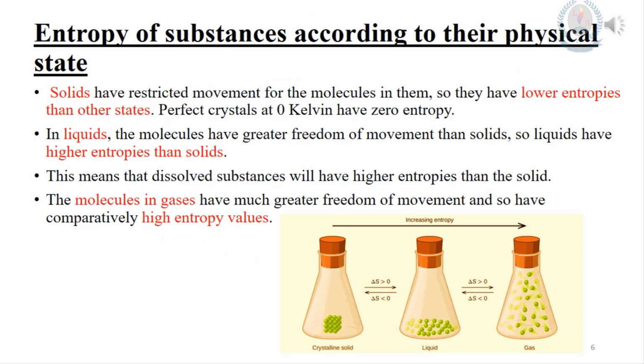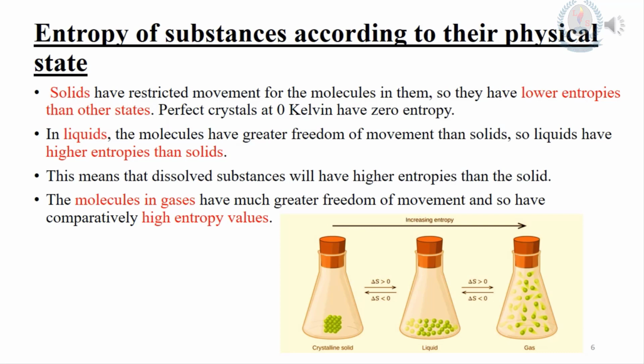Now we will learn the entropy of substances according to their physical state. The solid state has lower entropy than other states. In liquids, the molecules have greater freedom of movement than in solids.